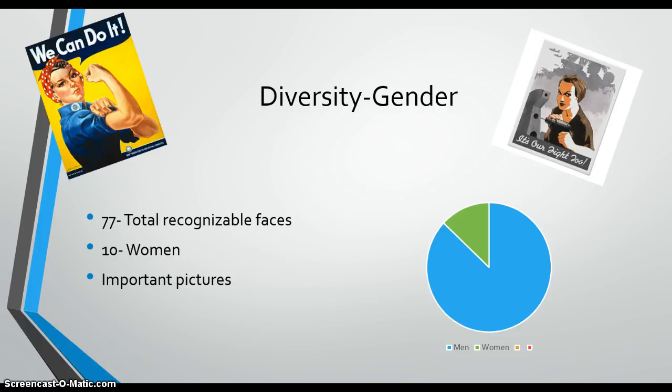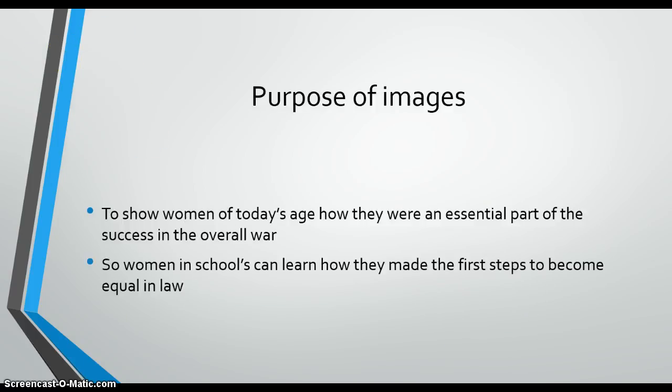Two of those images are right here for you, and they are of Rosie the Riveter, and whenever they were incorporating women into these industrial roles. And you can see there that they portray women as a very important part.